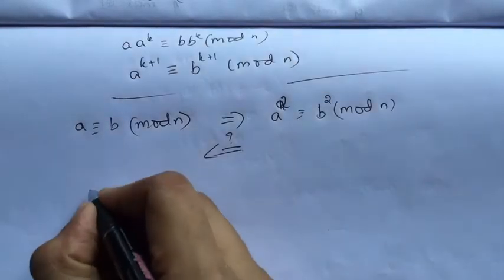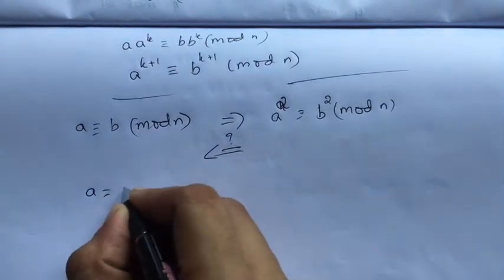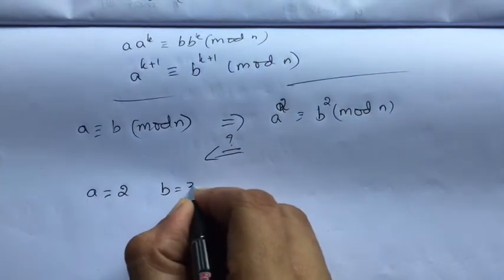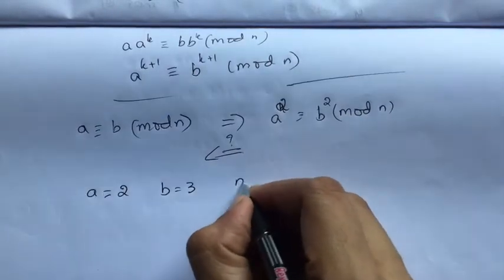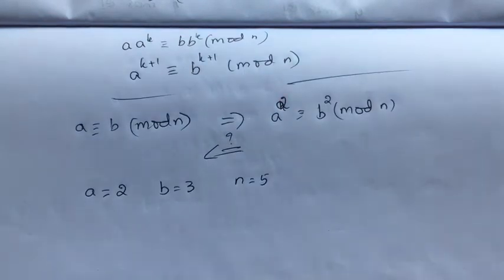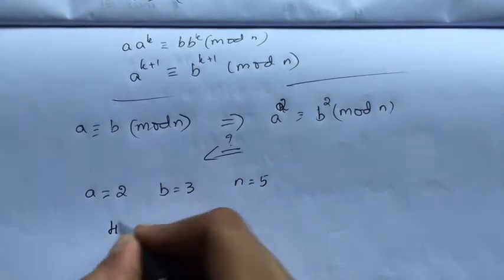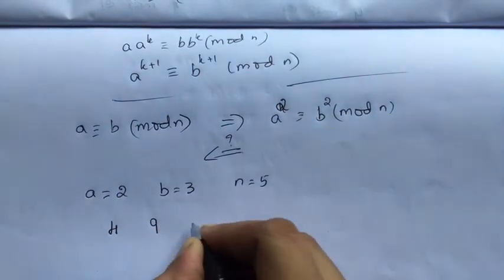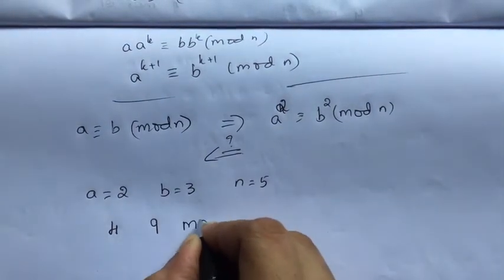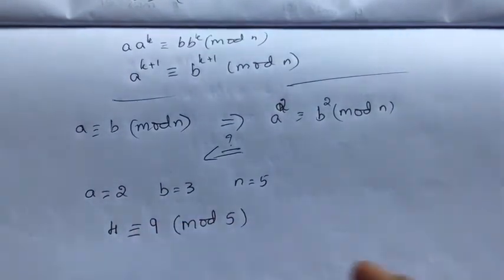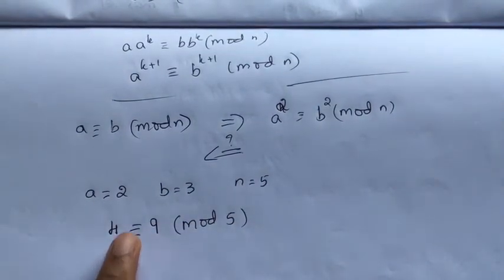Suppose I have values of A and B as A is 2, B is 3, and n is 5. In that case, A square is 4, B square is 9. I'm taking mod 5. They are congruent. 4 minus 9, that is minus 5.